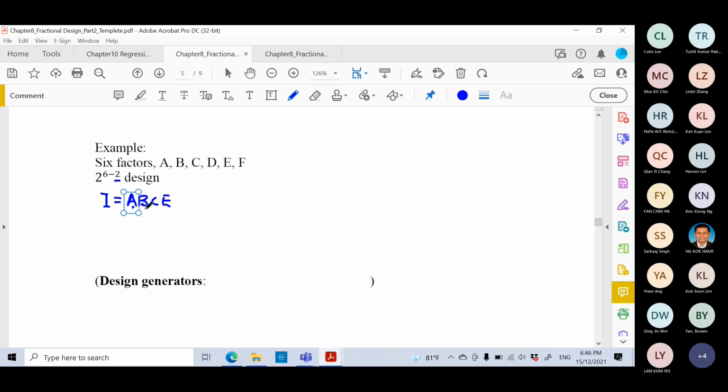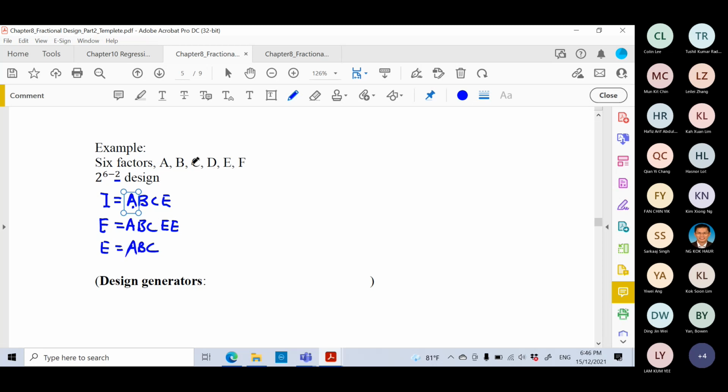So if I equals ABCE, of course we want to know the factor E here. If you multiply by E, you will get ABCE times E, so it's E squared. Therefore you get E is equal to ABC.